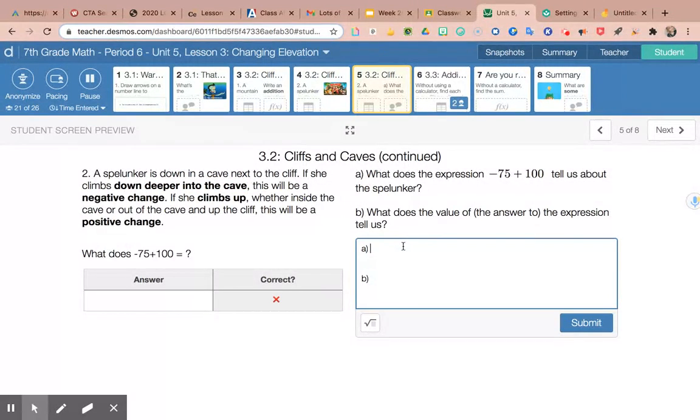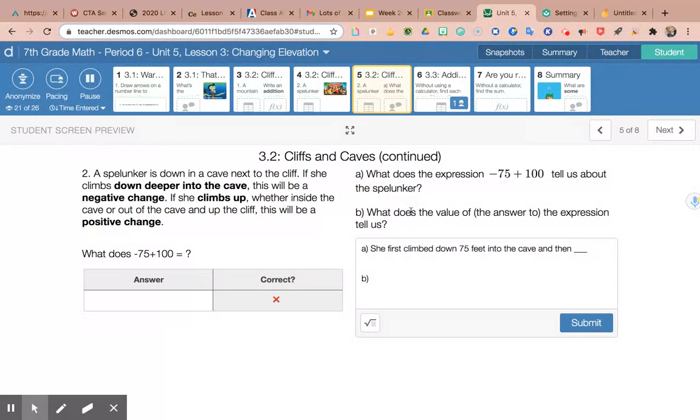So first she went down 75 feet deeper into the cave, and then positive 100. Well, that tells me that she's climbing up out of the cave. So you'll finish that sentence. Feel free to rewatch it.